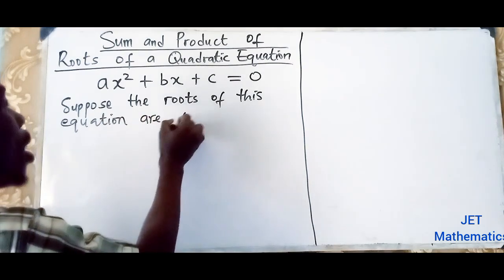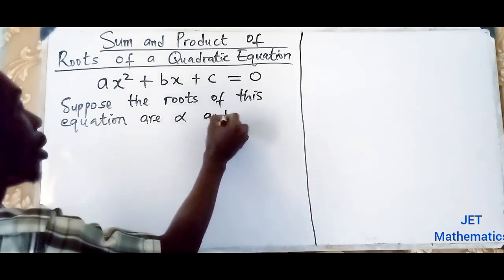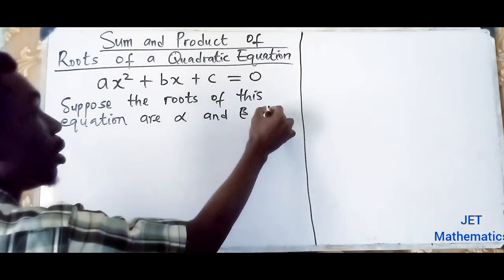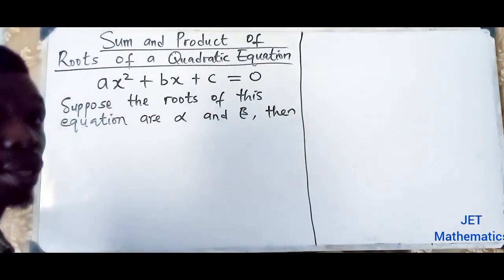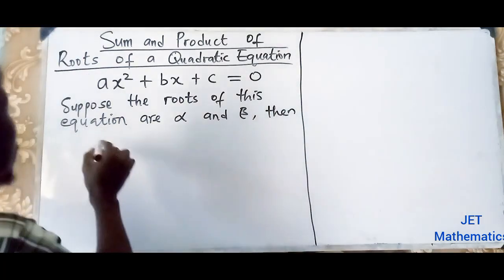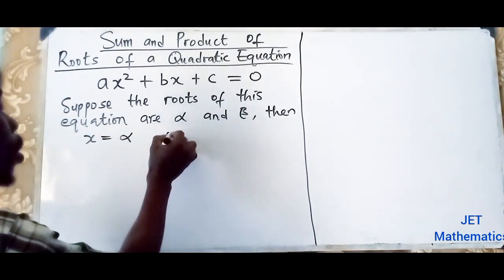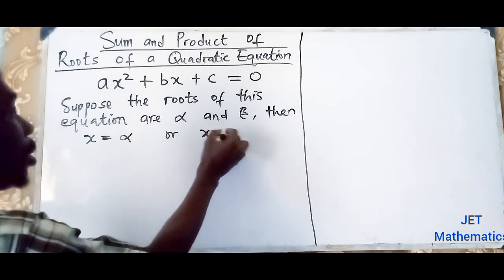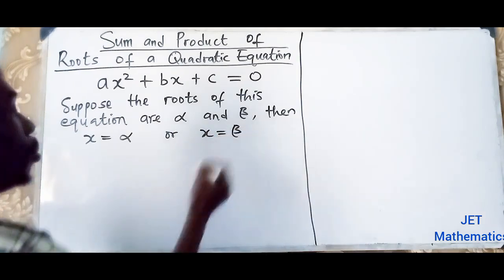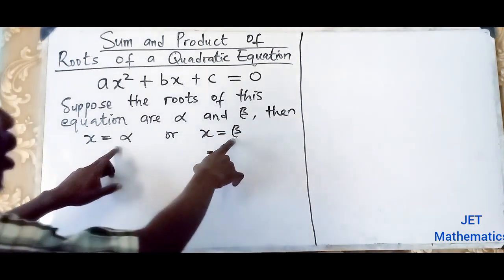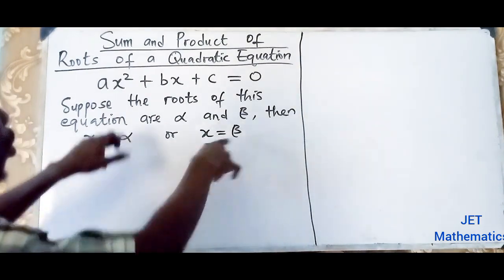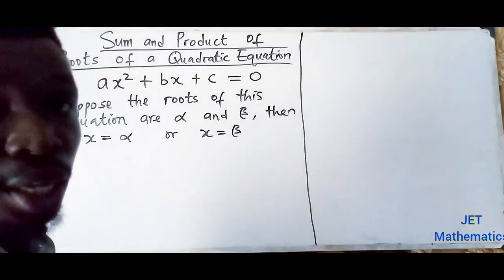Then we can say that x is equal to alpha or x is equal to beta. So we're assuming that these are the roots of this quadratic equation.